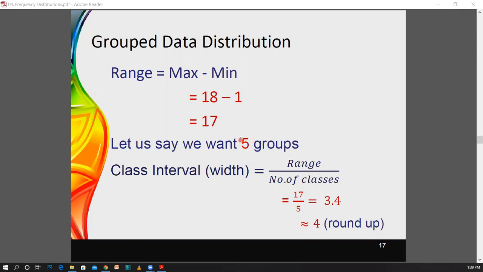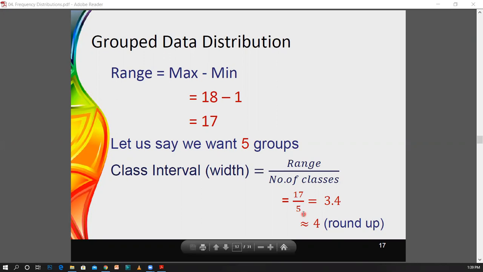Then what we need to do is compute the class width. To compute the class width, you can use this equation: we have to divide the range by the number of classes. According to this example, we have obtained the range as 17 and we have defined the number of classes as 5.